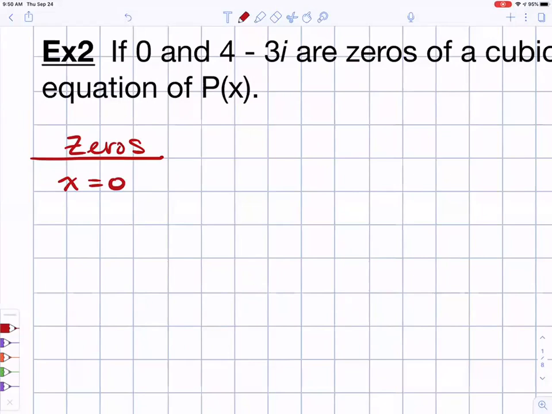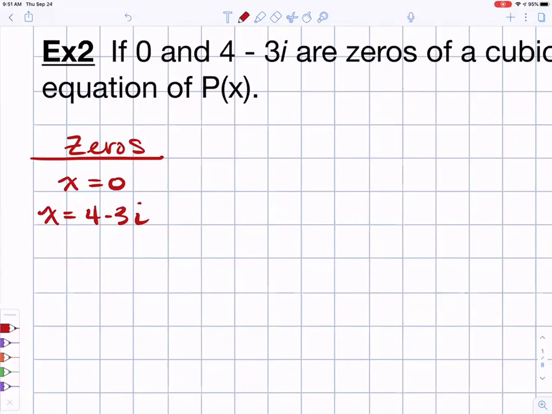What is my next 0? How are we going to write it properly? X equals 4 minus 3i. Two comments. What kind of polynomial am I told this is going to be? A cubic. What's the degree of a cubic? 3.